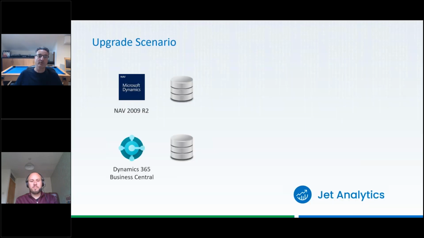Hold on to your history, right? What happens when you upgrade your ERP? If you're on an older system like NAV 2009 and you're making the upgrade to Business Central, what actually happens to all of your old information? A lot of customers don't want to fill up their new shiny ERP with the last 7 years of transactions.